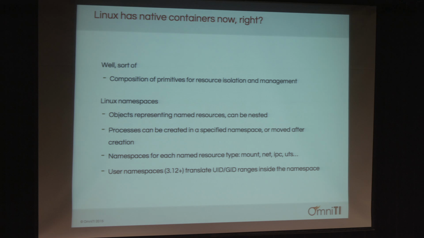The mount namespace isolates the tree of mount points available, and there's IPC, network, basically all sorts of individual types of named resources that compose the interface that a process has to the system. More recently, user namespaces were added that map a set of UIDs and GIDs to another range. That's what finally allowed UID 0, for example, in a Linux container to be mapped to something unprivileged.